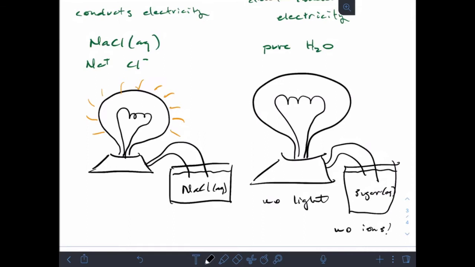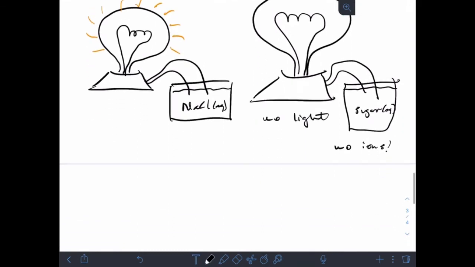So I mentioned a little bit ago that acids and bases can also work as electrolytes, because if I have something like hydrochloric acid in water, I get H plus aqueous and Cl minus aqueous.